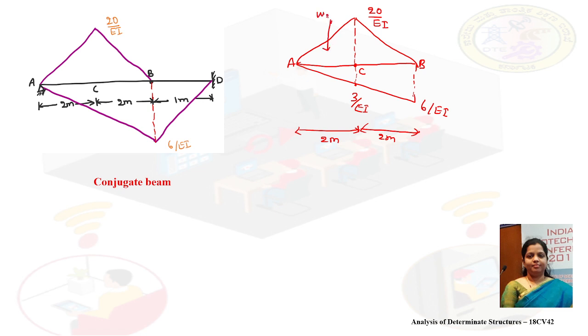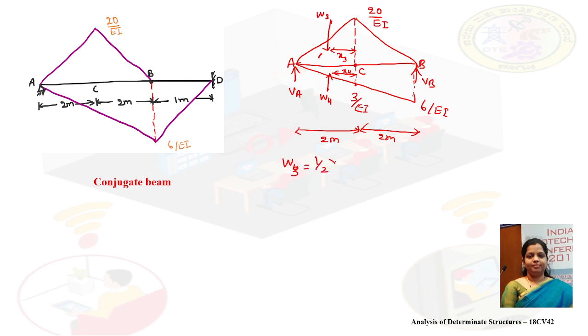Let me call the load of this triangle as W3 and the distance is X3. Load from this triangle is W4 and the distance is X4. So the shear force VA is acting here and VB is acting here. Let me calculate the value of W3.